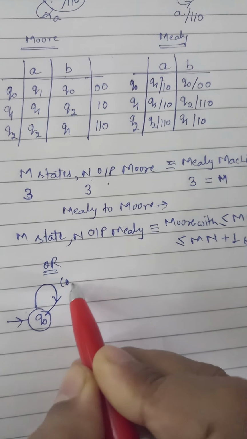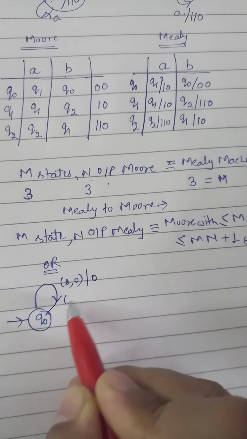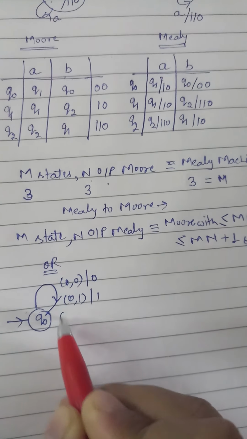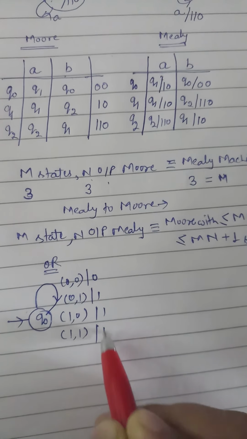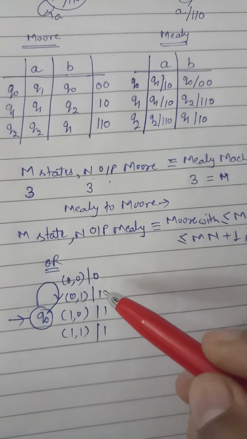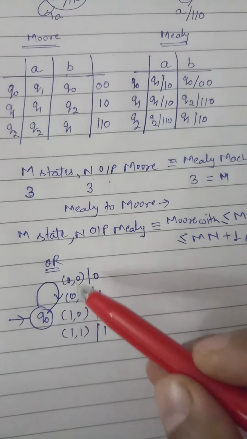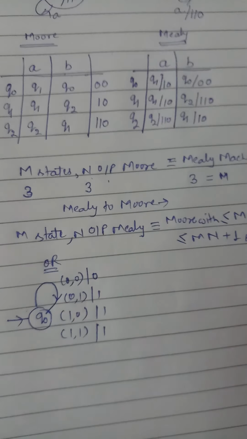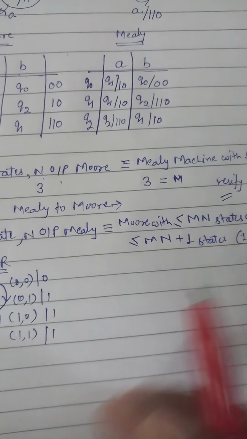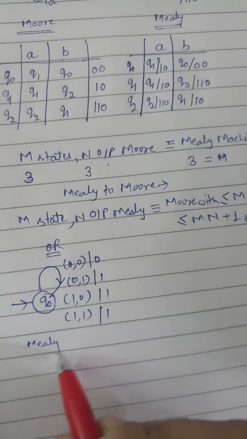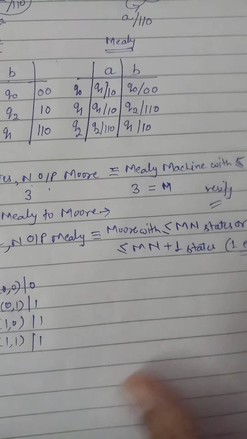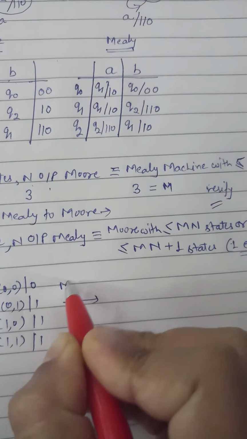So for 0 0 it will be 0, for 0 1 it will be 1, for 1 0 it will be 1, and for 1 1 it will be 1. This is the Mealy machine, and we are converting it to the Moore machine.